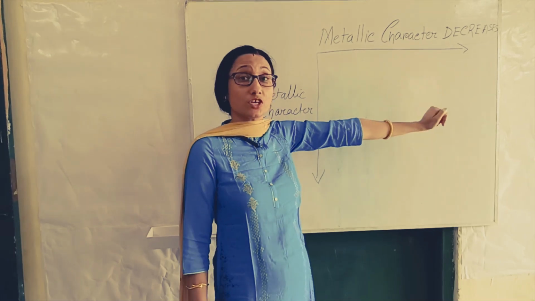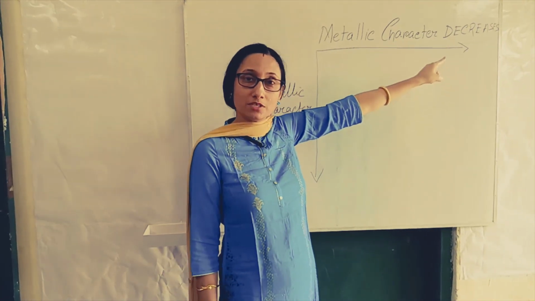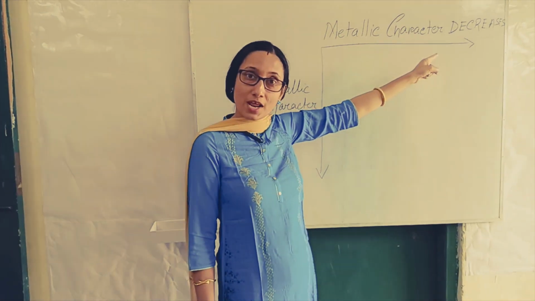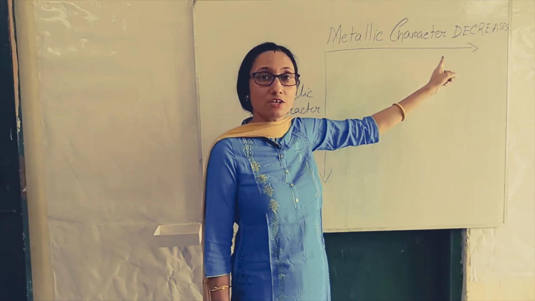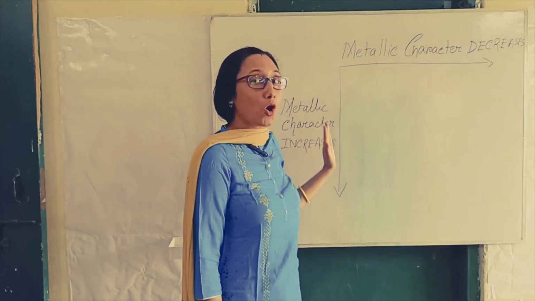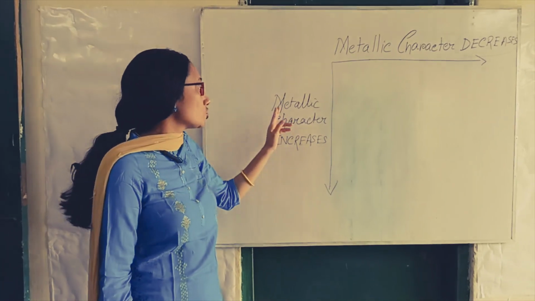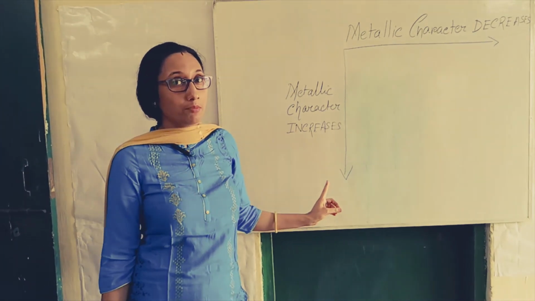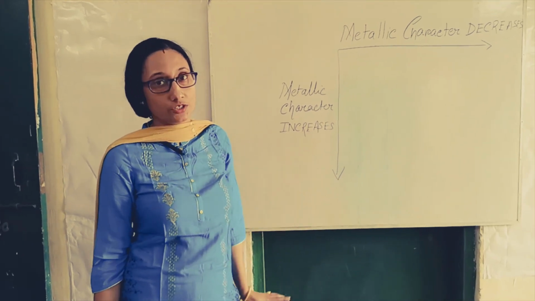And just now we have studied that R and metallic character are directly proportional to each other. So, across a period from left to right, since atomic radius decreases, metallic character also decreases. Now, down a group from top to bottom, R increases, so metallic character also increases. Always remember that R is the predominating factor.